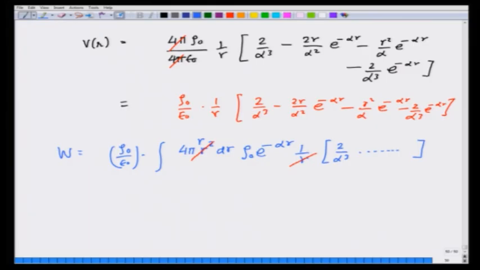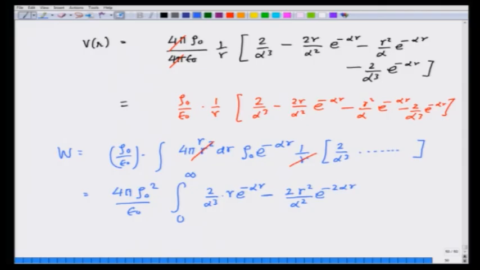So, I get 4 pi rho 0 square over epsilon 0 integral 0 to infinity. I will take this r inside and I get 2 over alpha cubed r e raised to minus alpha r minus 2 r square over alpha square e raised to minus 2 alpha r minus r cubed over alpha e raised to minus 2 alpha r minus 2 r over alpha cubed e raised to minus 2 alpha r dr from 0 to infinity.